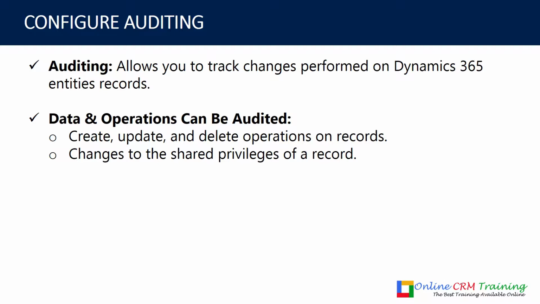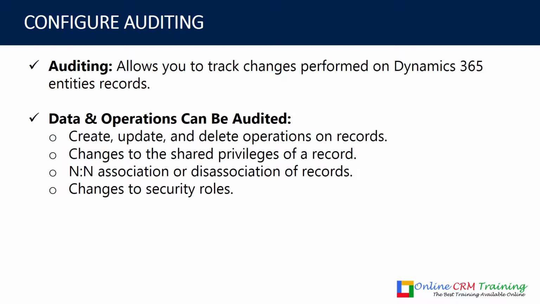In case the shared privileges of the record have been changed, you will be able to track that using auditing. Also, any N-to-N relationship association or disassociation of records. For example, N-to-N relationship is nothing but many-to-many relationships, which you will learn in later modules. If you associate or disassociate a record, then you will know that it has been done for a particular record. So that can be audited.